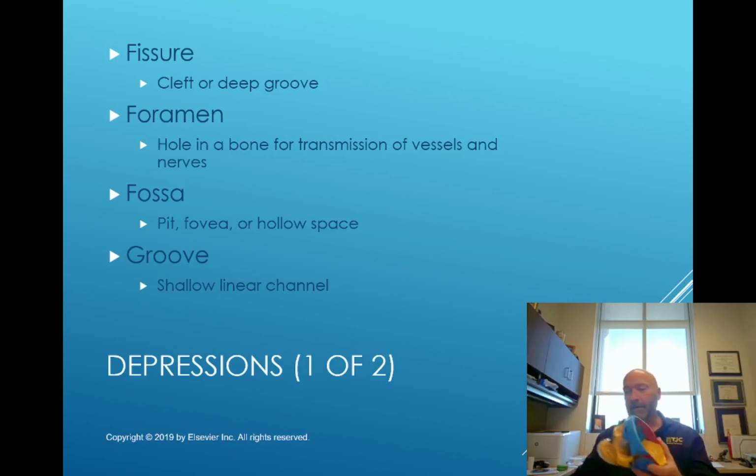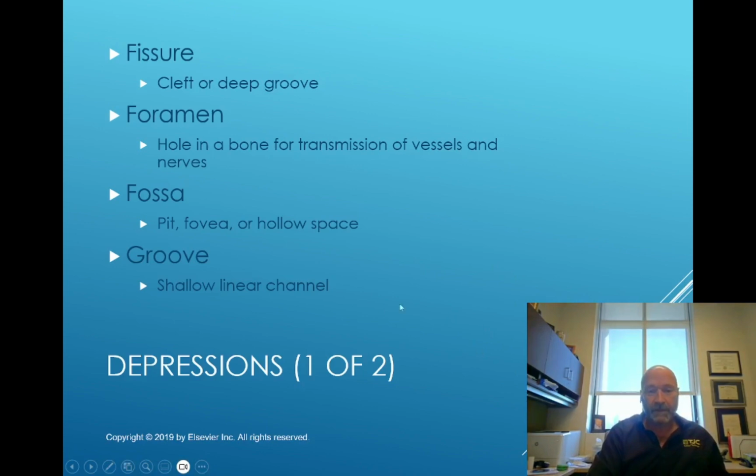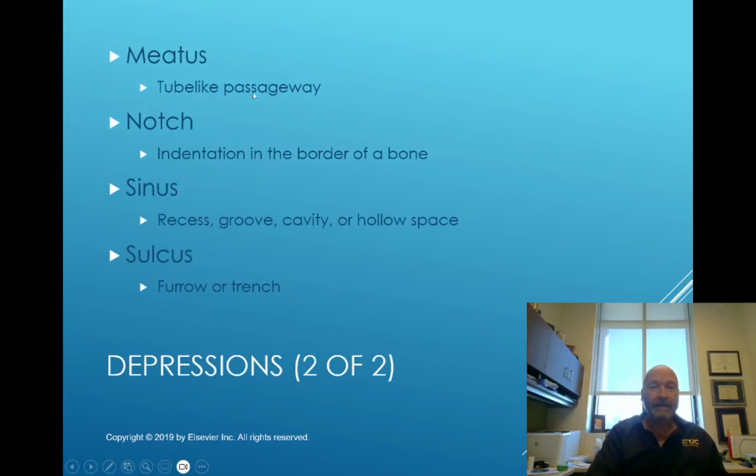The optic canal is more of a tube-shaped passage than an actual hole. You've got a lot of foramen. A fossa is a pit. A groove is just what it sounds like, a shallow linear channel. A meatus is that tube-like passage. So we tend to refer to the optic foramen as the optic canal.